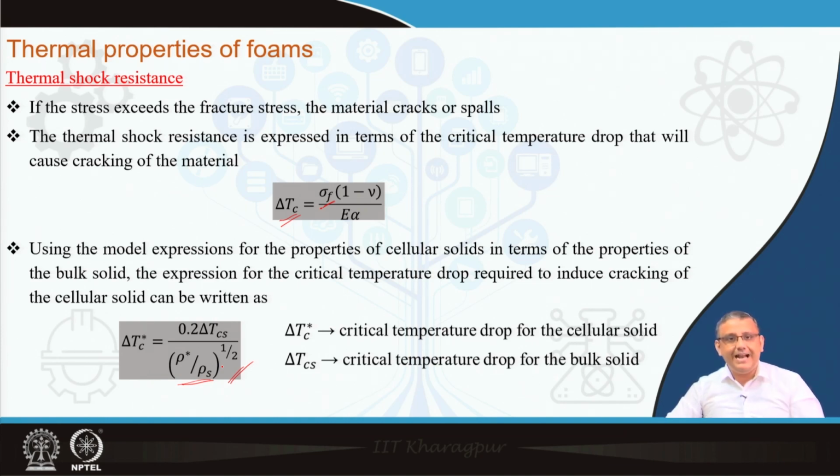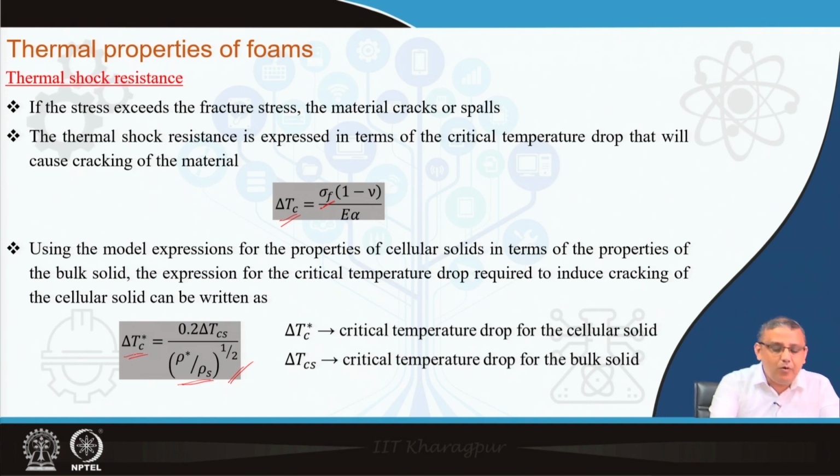So, we see once again that the critical temperature of thermal shock cracking for porous materials, the porous ceramics, is dependent upon the relative density rho star over rho s. The lower the value of rho star over rho s, that means the higher the porosity in the material, the more will be the thermal shock resistance. Why?